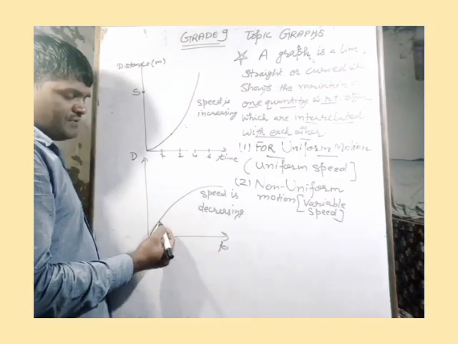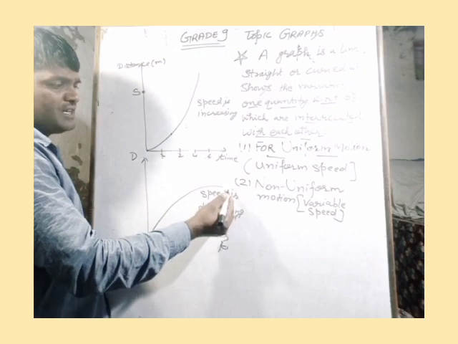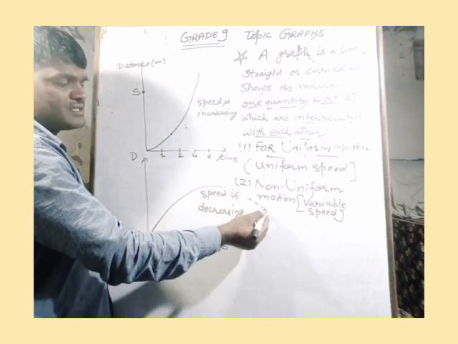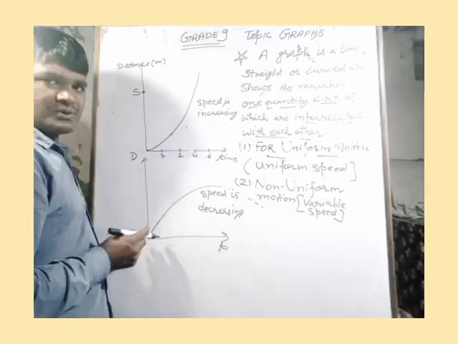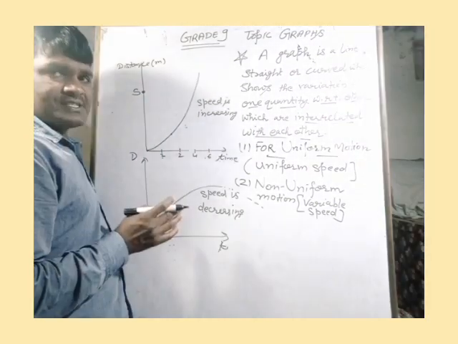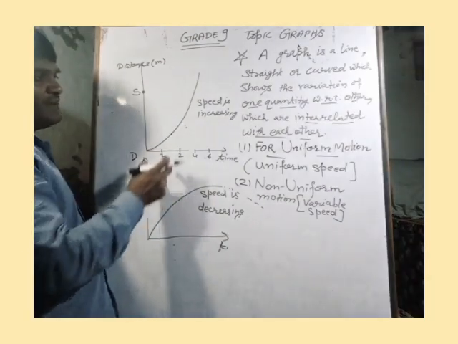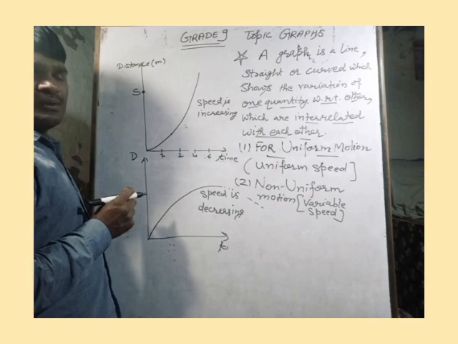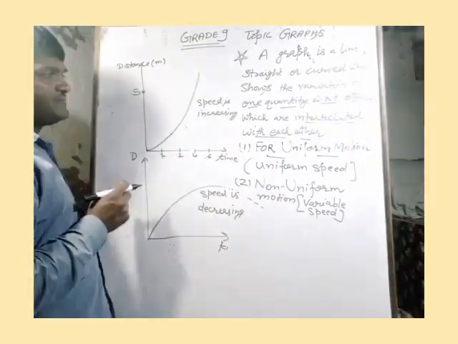For the other graph, initially speed was high, but after some time it will start decreasing. You can see in the graph if you extend it more and more. I hope it is clear to you. These are the distance time graphs for non-uniform motion, or say for variable speed.